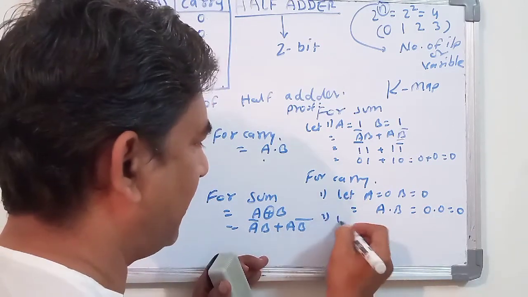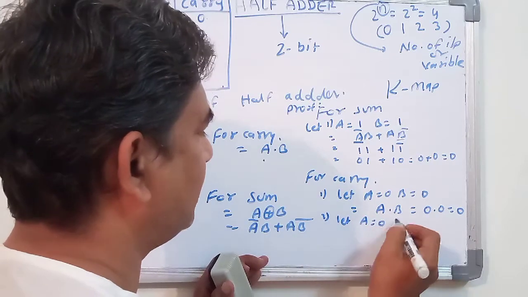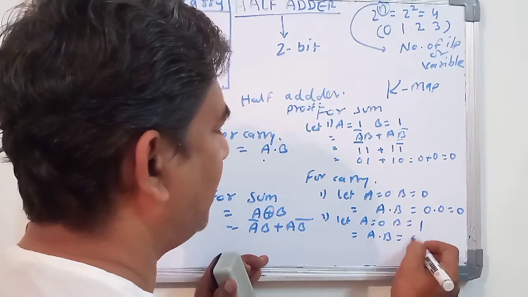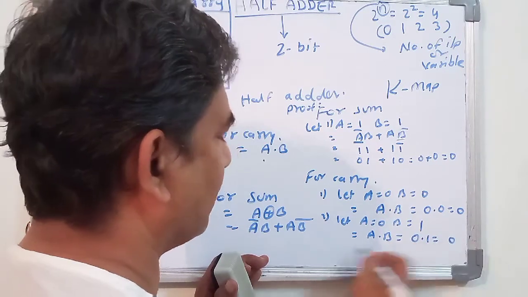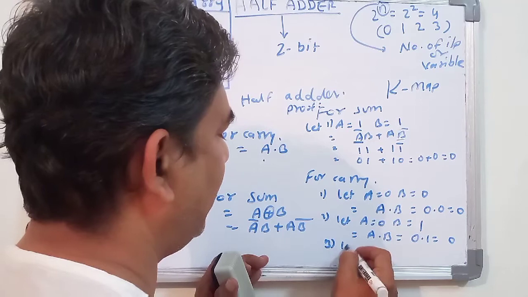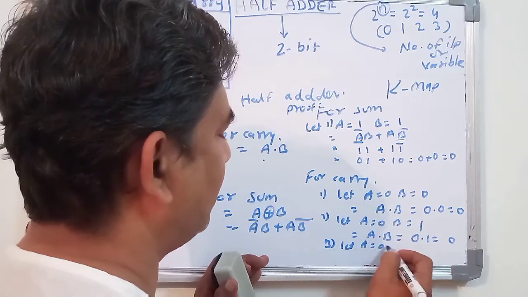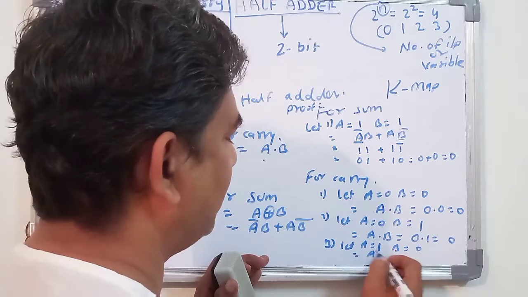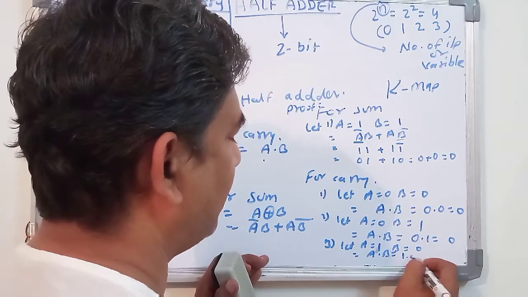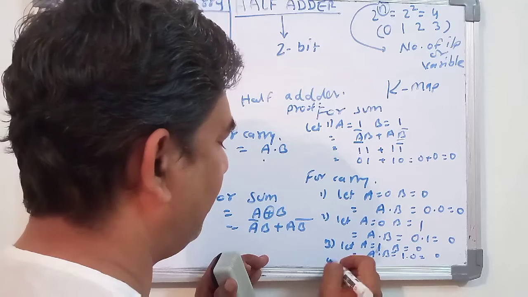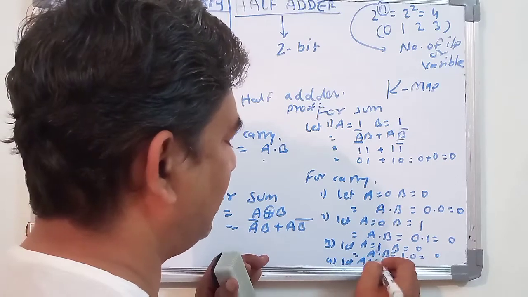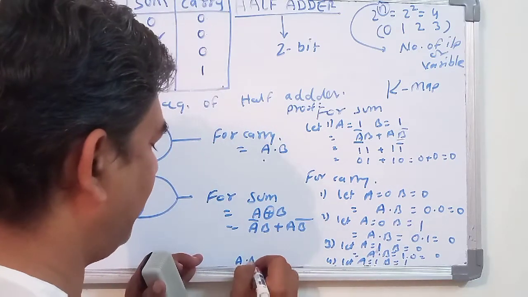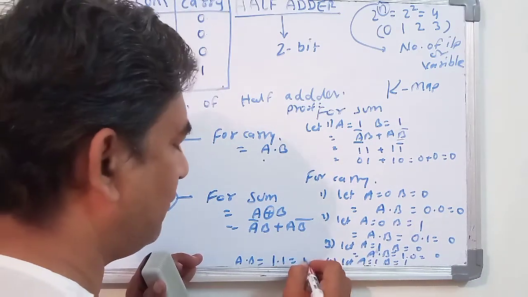The first case. Second case, let a is equal to 0 and b is equal to 1, a dot b is 0 dot 1 is equal to 0. Third case, let a is equal to 1, b is equal to 0, a dot b is 1 dot 0 is equal to 0. Fourth case, let a is equal to 1, b is equal to 1, and a dot b is 1 dot 1 is equal to 1.